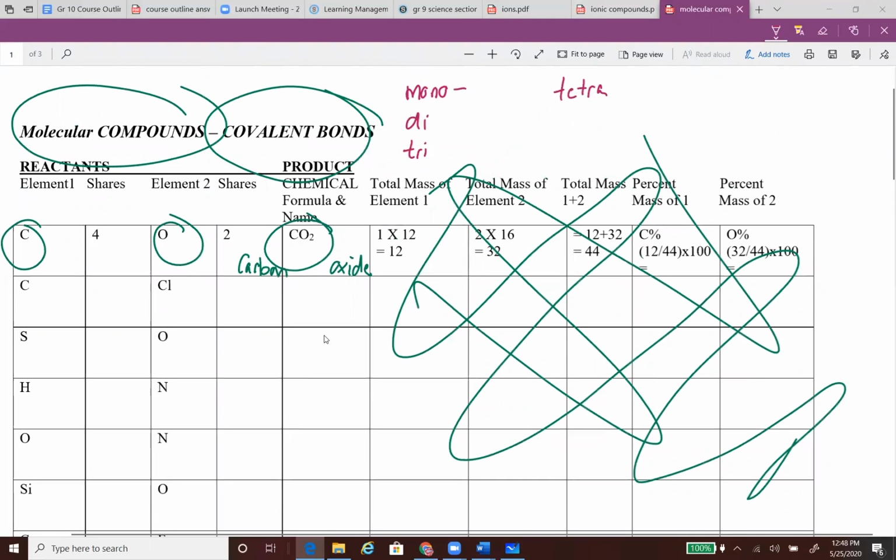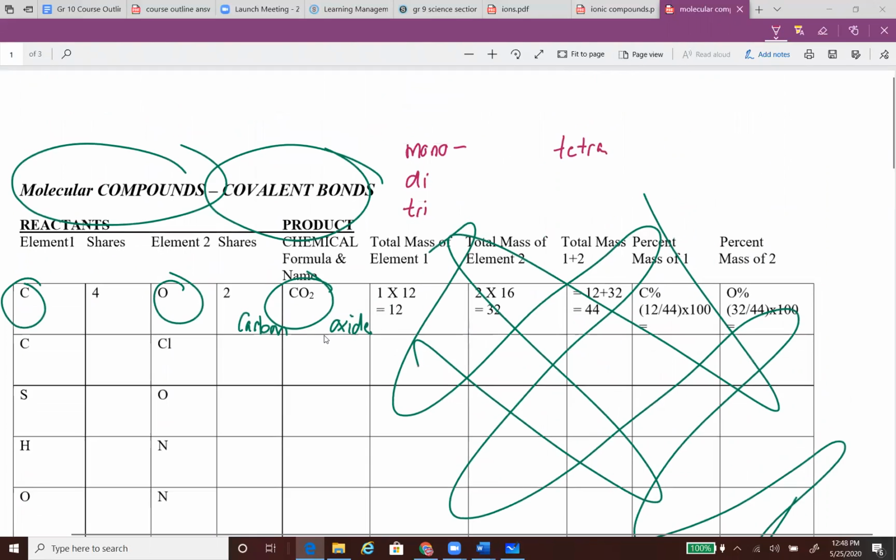There are more, like penta and hexa, and you'll see the trend, but let's just keep it really simple. Mono means 1, di means 2, tri means 3, tetra means 4, penta means 5.